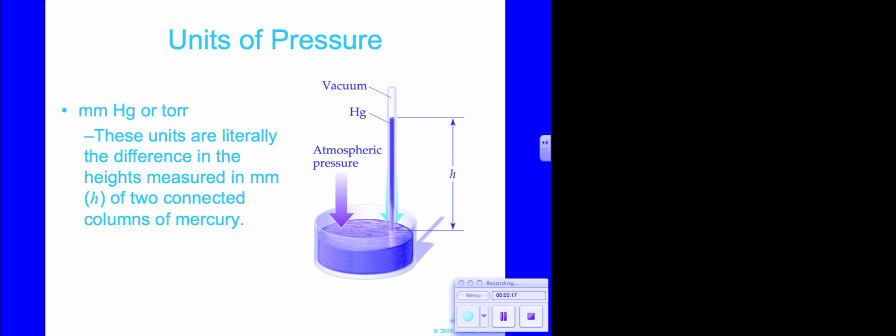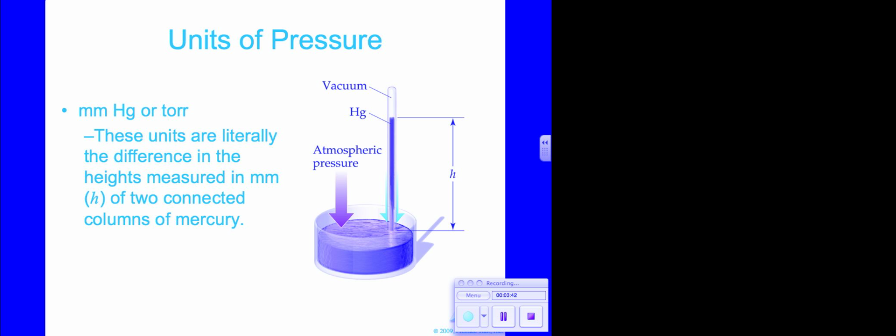If you invert that tube into the dish, the mercury, being as heavy as it is, is going to try to leave the glass tube. But since there's nothing to replace the space above it, the mercury doesn't fall all the way out. So you get a space above the mercury that is a complete vacuum. There's no gas, there's nothing in there.